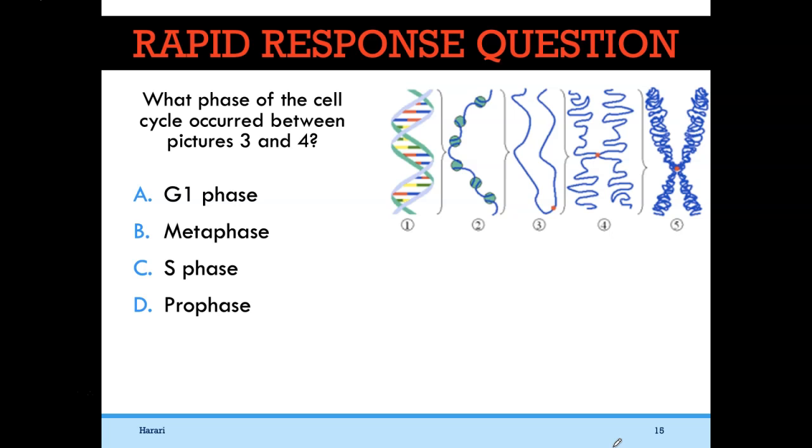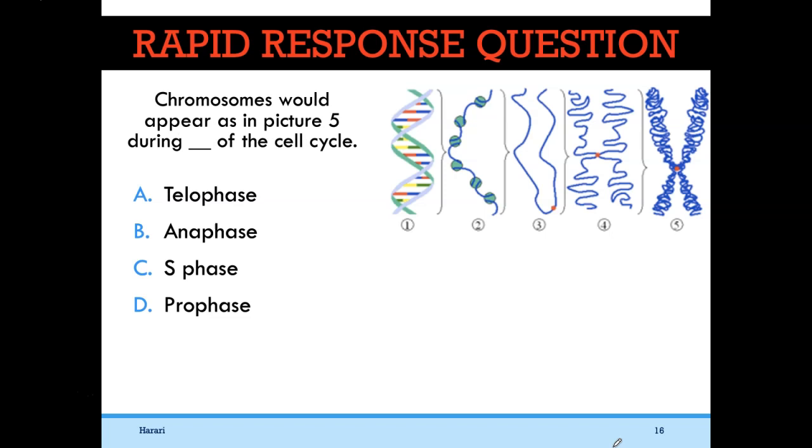The answer is C, S phase. Right? S phase has to happen to duplicate all of the chromosomes. Chromosomes would appear as in picture 5 during which phase of the cell cycle? So the answer is only D, during prophase. Right? Condensed.